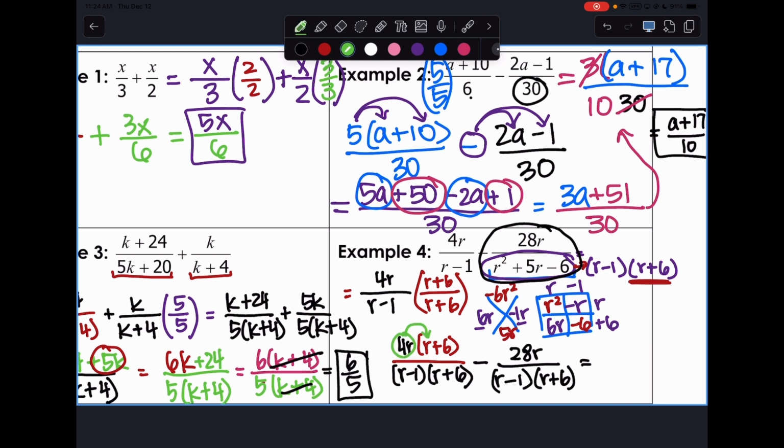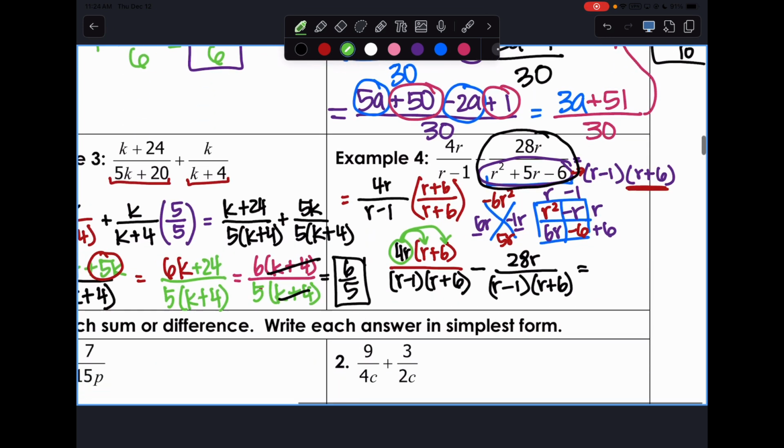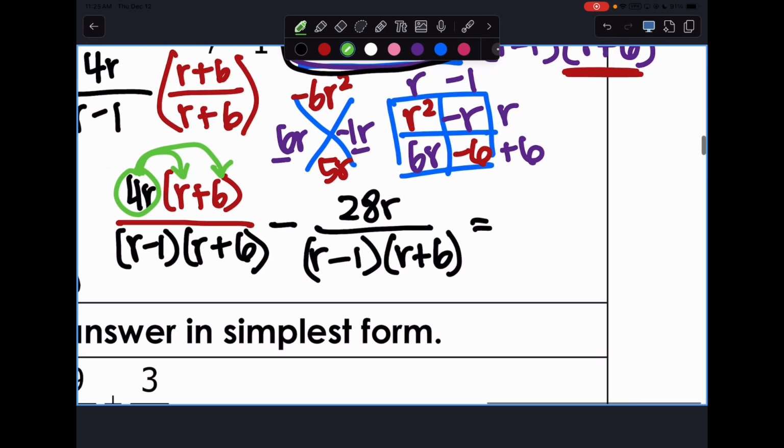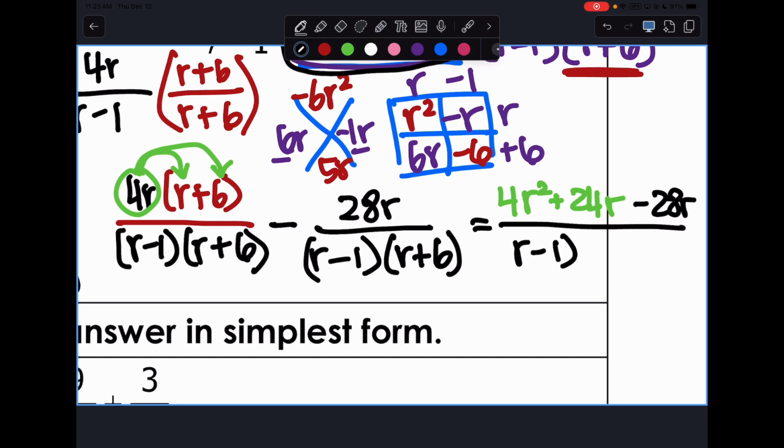4r times r, 4r times 6. You guys okay? I told you it's not just one step more, right? 4r squared plus 24r. And then we have our minus 28r to come along. And then the quantity of r minus 1 times the quantity of r plus 6.